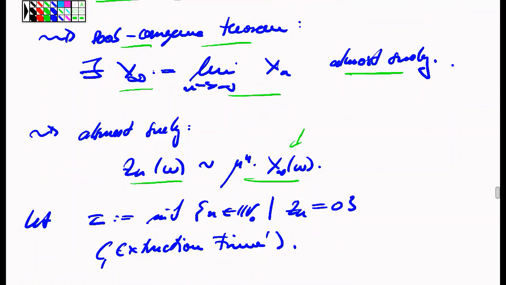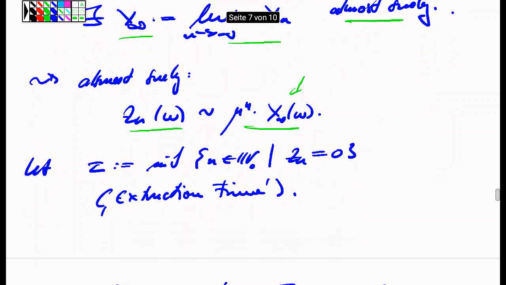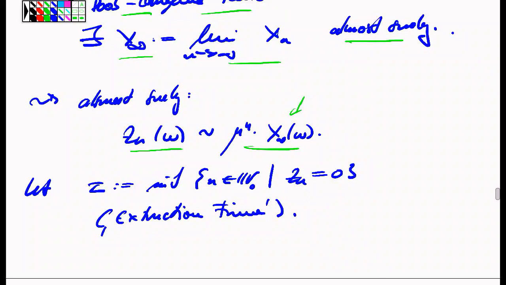Okay, and we want to address, as I just said, the question whether or not this population gets extinct. For that purpose, we introduce what is called the extinction time. Whenever this population is down to 0, then it will not revive. It will just stay 0 because there's no more offspring.